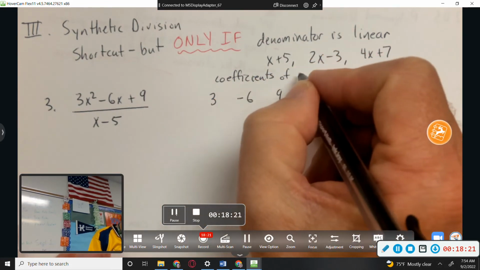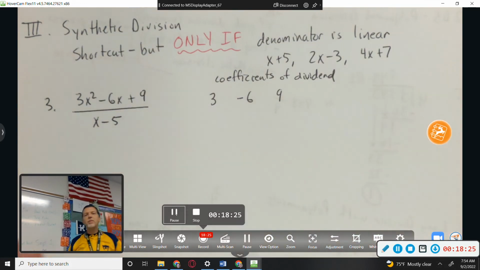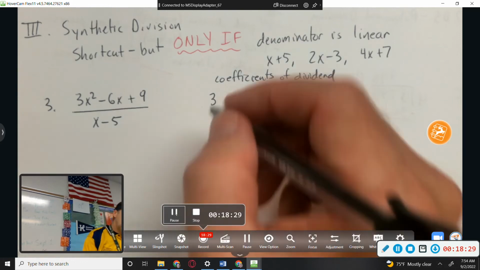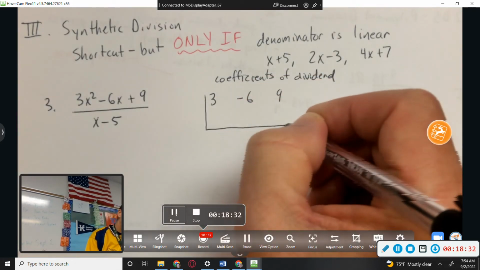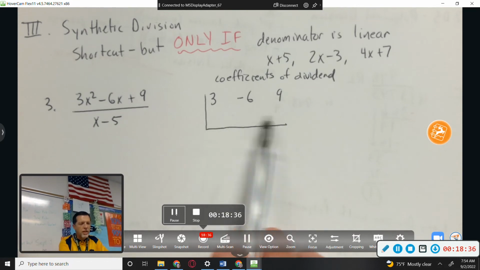Coefficients of the dividend, if we really want to go back to elementary school and use the fancy words. They go in sort of a box themselves, but it's a 2-line box, so there needs to be some space down there to work.